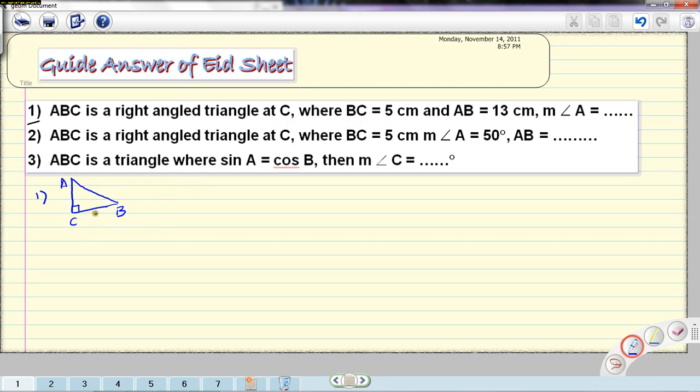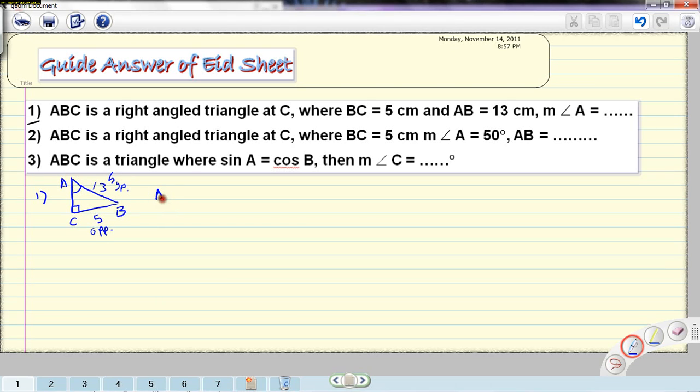BC is 5 centimeters, and AB is 13. The question asks me to get the measure of angle A. You must label the sides to get the measure of the angle. No need to get AC. I have CB, which is the opposite, and I have AB, which is the hypotenuse. So I'm gonna use the sine rule.